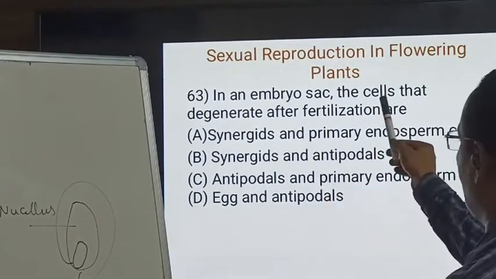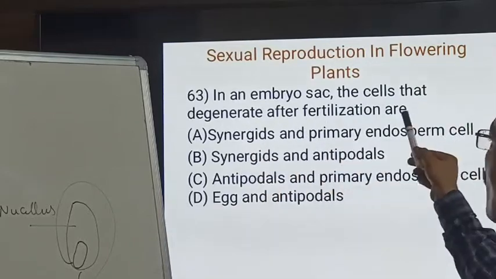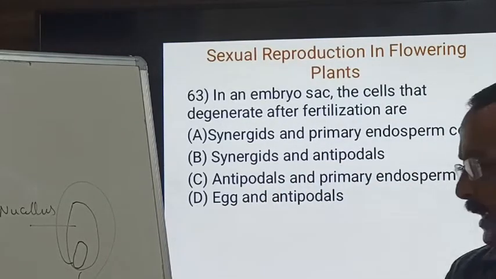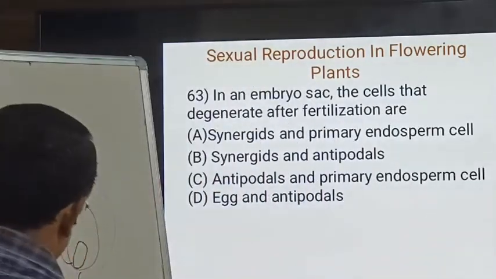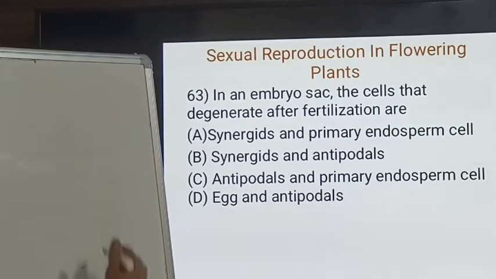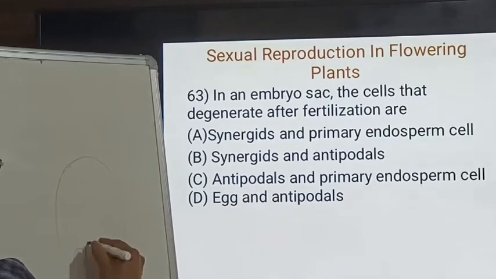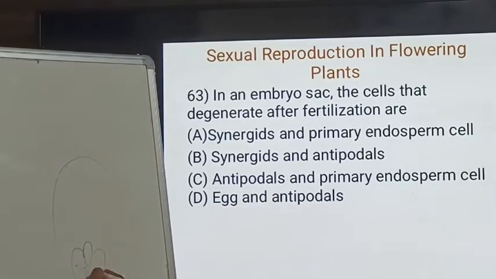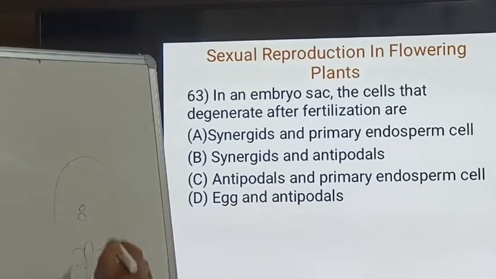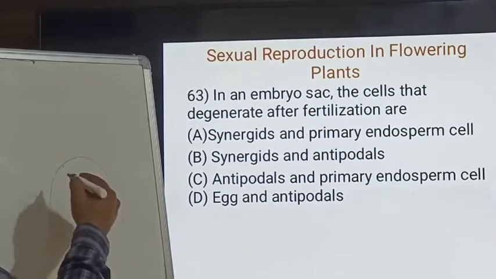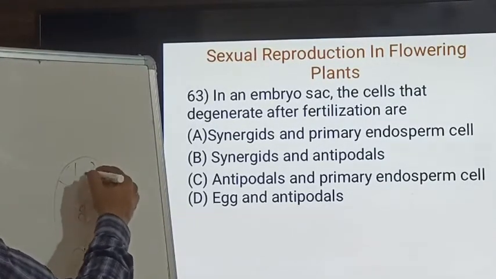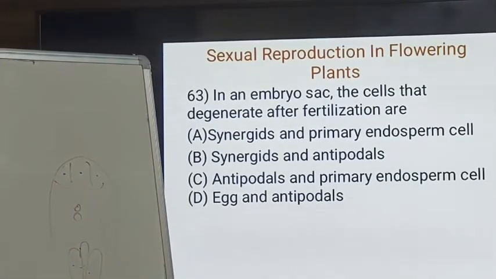Next, in the embryo sac, the cell that degenerates after fertilization. Inside the embryo sac, you are already aware of this. This is the egg apparatus, 2 synergids and 1 egg cell. This is the central cell containing 2 polar nuclei, and these are the 3 antipodals, 7-celled, 8 nuclei.